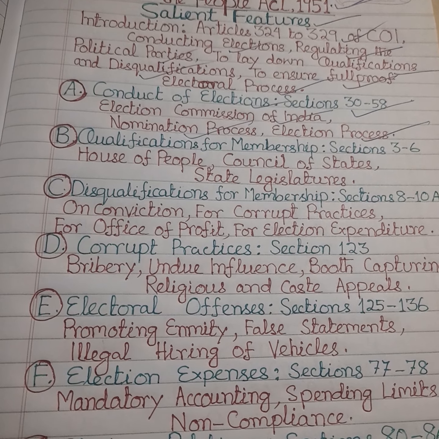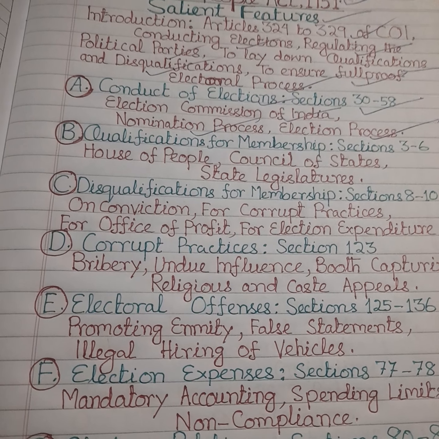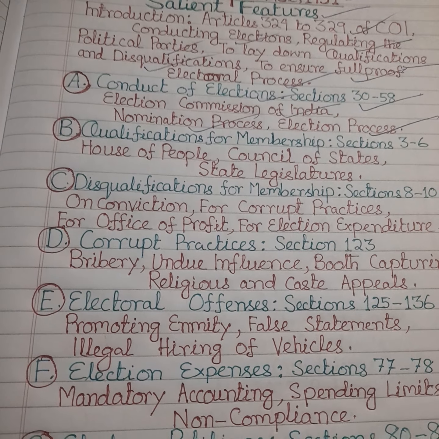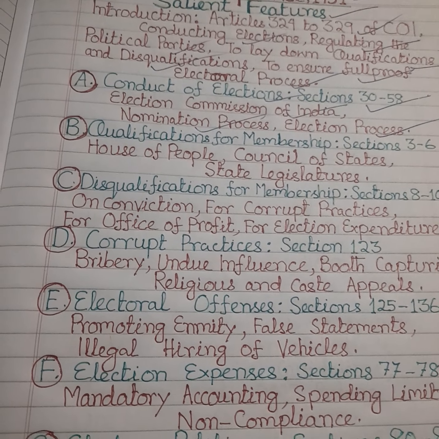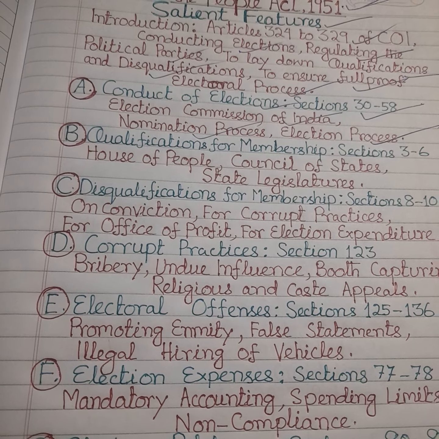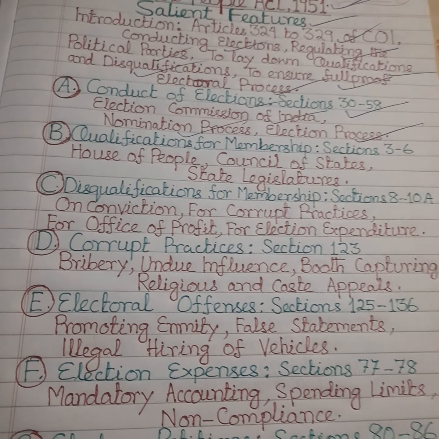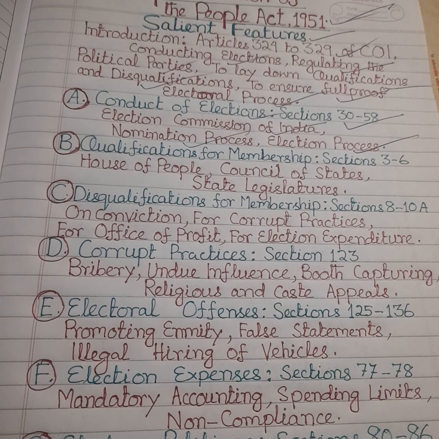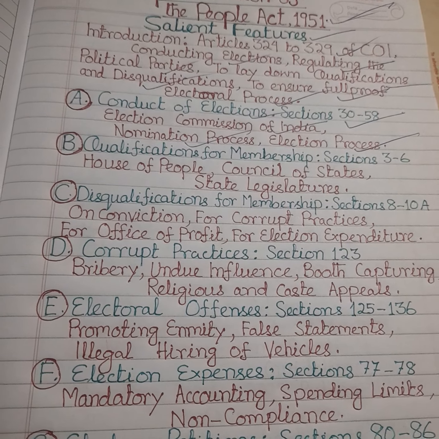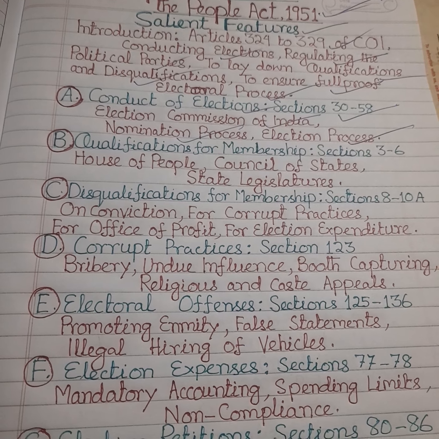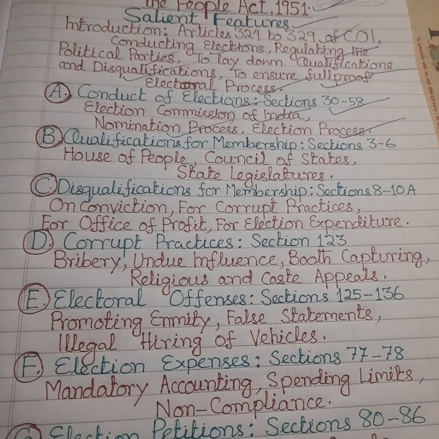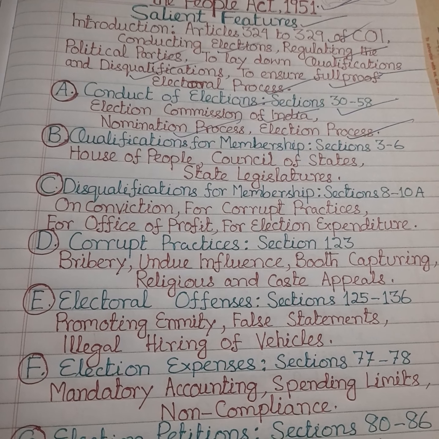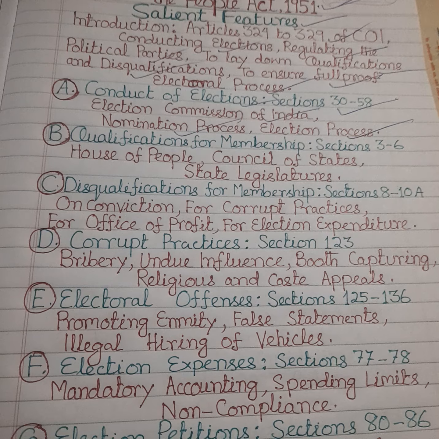The Election Commission of India holds authority to supervise, direct and control elections, including delimitation of constituencies, preparation of electoral rules, and scheduling of elections in different parts of the country. The nomination process is another important part of the function of the Election Commission of India as provided under the Representation of the People Act.